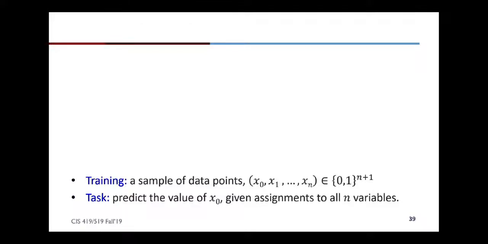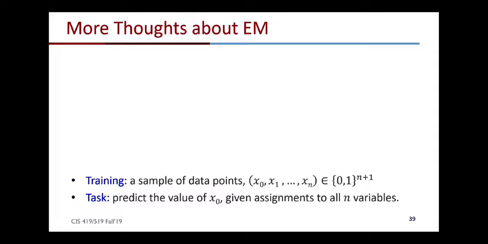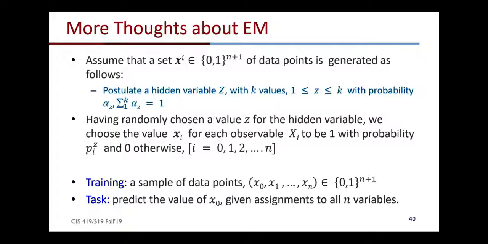Option 1. Option 2 is to not forget what we've talked about in the last 2 weeks and think about it this way. Let's assume that this is how the data was generated. I'm assuming some hidden variable z that takes k values, z1 up to zk, with probability alpha z.